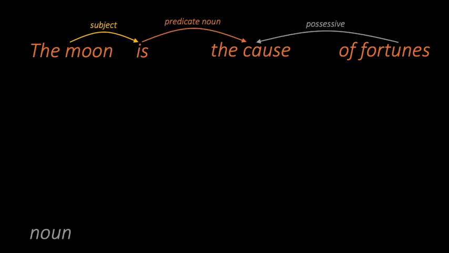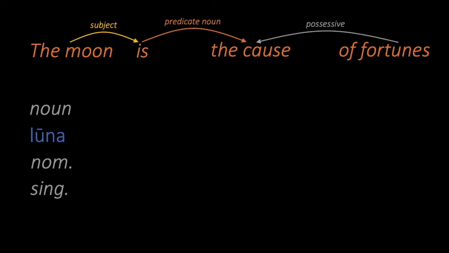The moon is a noun, and the Latin word for it is luna. It is acting as a subject of the sentence, so we need a form which is in the nominative case and which is singular. That form is simply the a ending, and so the correct inflection is luna. Is a form of the verb to be, so we know that we are looking for some form of the Latin est.